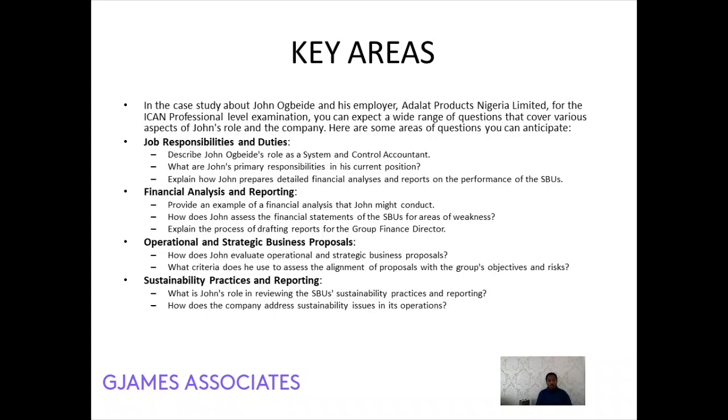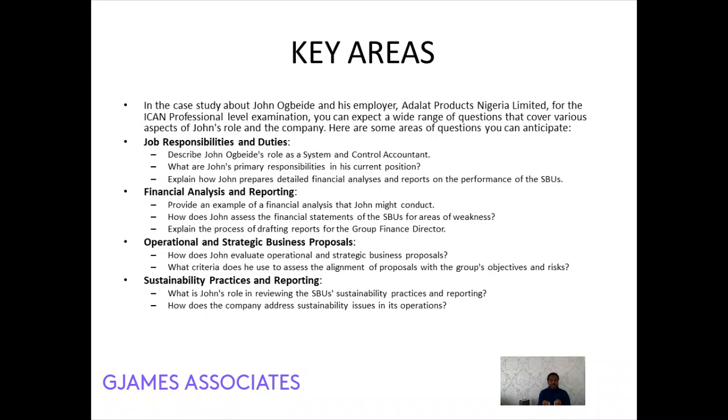Under the job role of John, and you are John, right? There may be questions surrounding description of John's role as system and control accountant. It may come out. I'm going to deal with a bit of it.